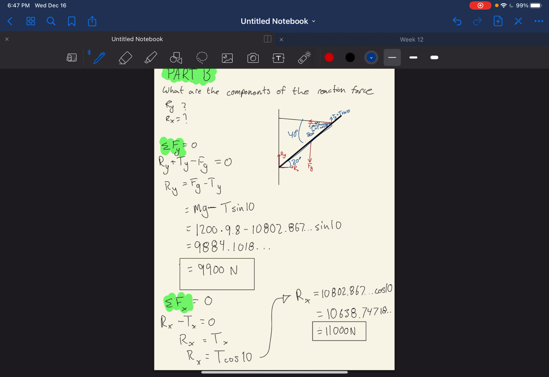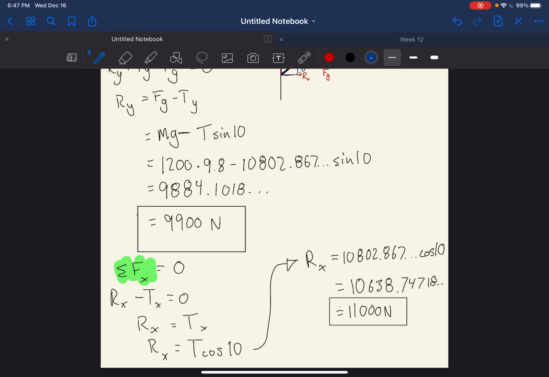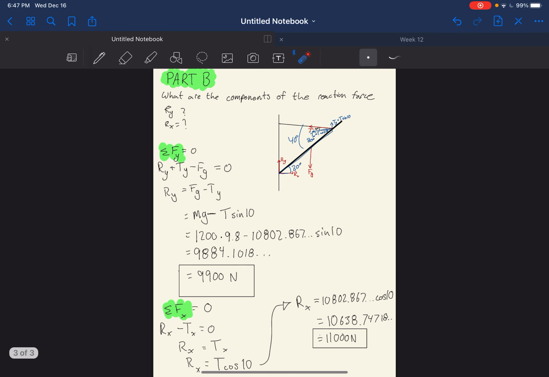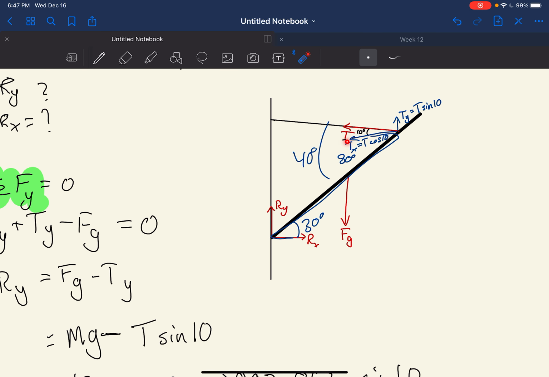So T sine 10 is the y direction. Then we solved and we got 9,900 newtons. And then the net force in the x direction is equal to the Rx here. Fg is equal to 0 in the x direction since it's straight down, and then the T is right here, so Tx is equal to T cos 10.